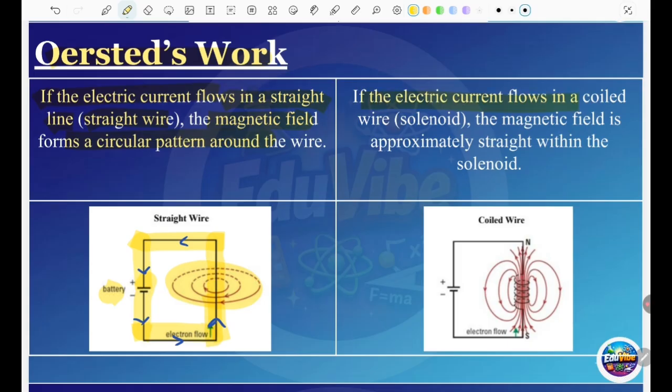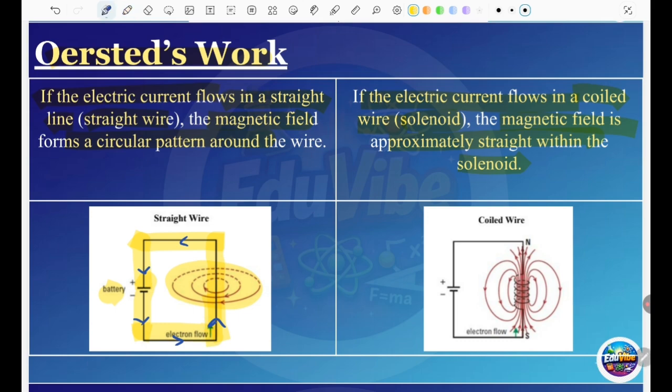Next is the current flowing in a coiled wire. The coiled wire is also known as a solenoid. A solenoid has a wire coiled around some kind of insulator, and we get a magnetic field that is approximately straight within the solenoid. You can see this behaves like a magnet.